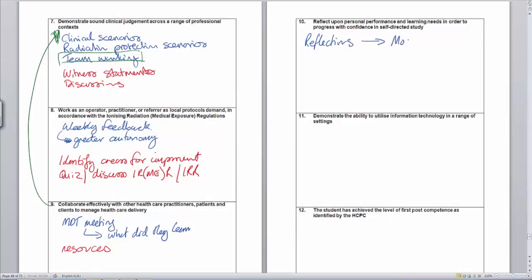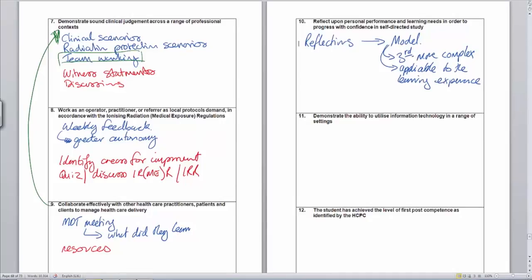Ideally, they should be based on a model, and the model by the third year should be more complex. They should be getting more out of their reflections. And also the model should be applicable to the learning experience as well.